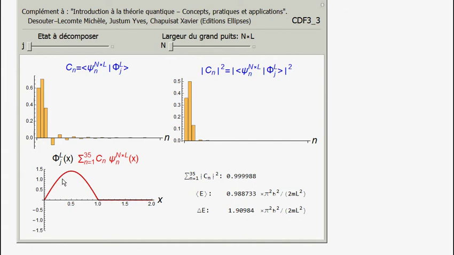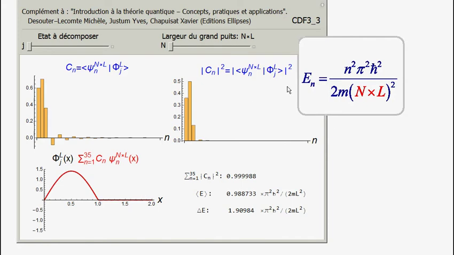For this new superposed state in the new well, the outcome of measurement of energy will be one of the eigenvalues of the new well. The eigenvalues take the usual expression, but we have to use the new width of the well.